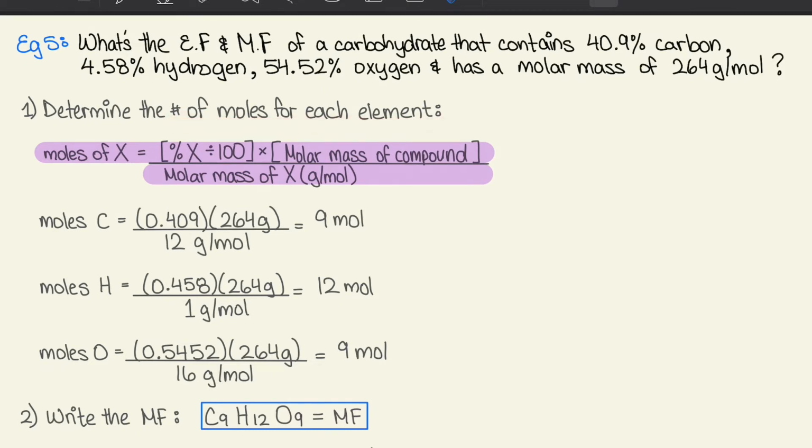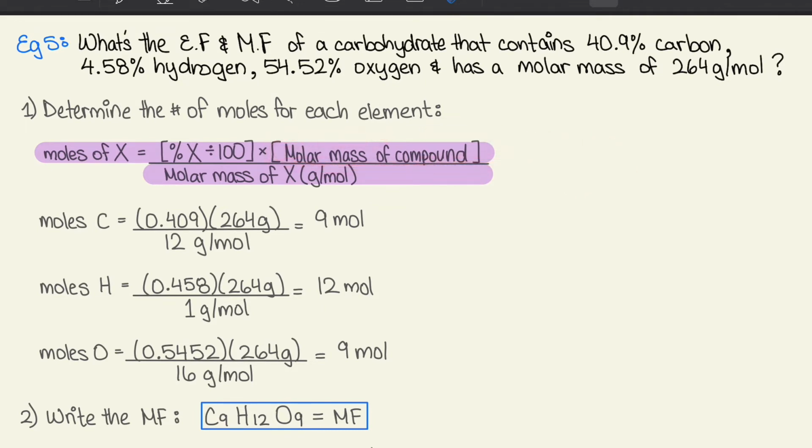And I have simplified an equation here where it's moles of X. So X is any element. So we're going to take the percentage, make it into a decimal number, so we have to divide it by 100, times the molar mass of the compound, and divide the whole thing by the molar mass of the element X, which is grams per mole.